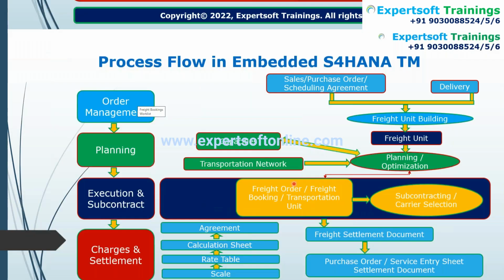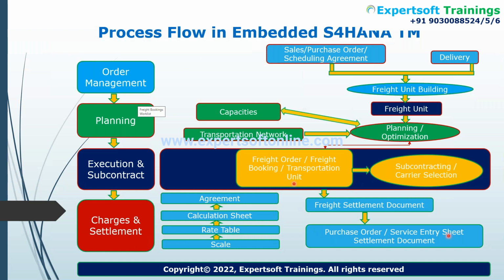Now we will be talking about various processes of embedded S4HANA. The one we are going to work on is 2021 S4HANA FP02, an embedded S4HANA TM. That means all the things will sit in one box, called an S4HANA box.